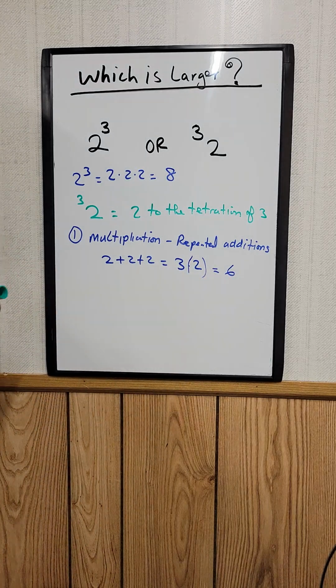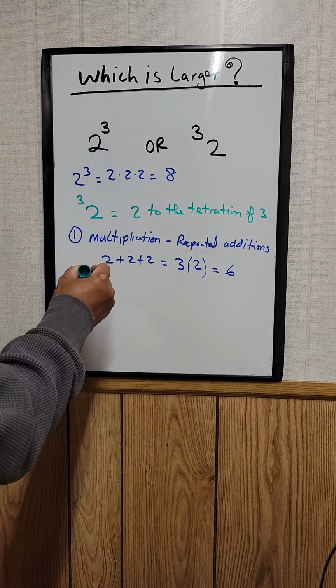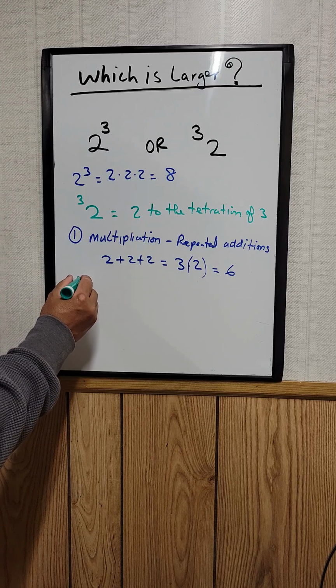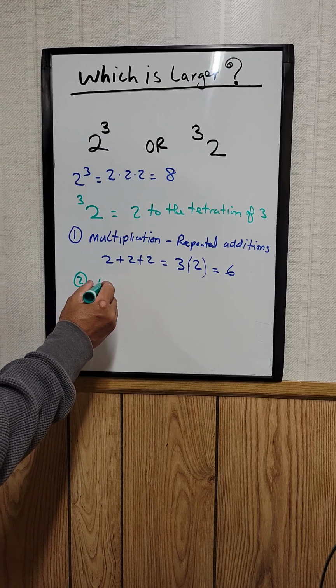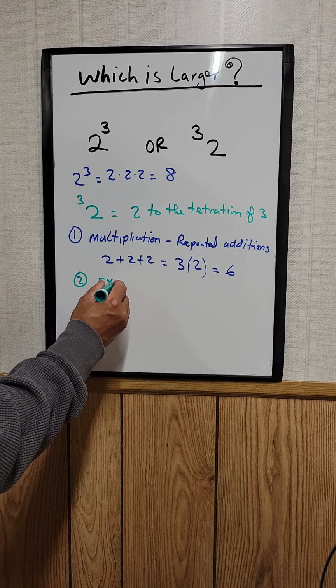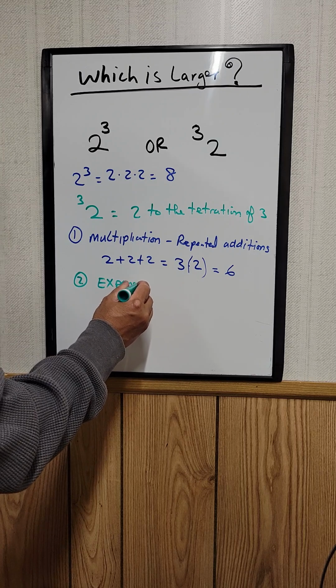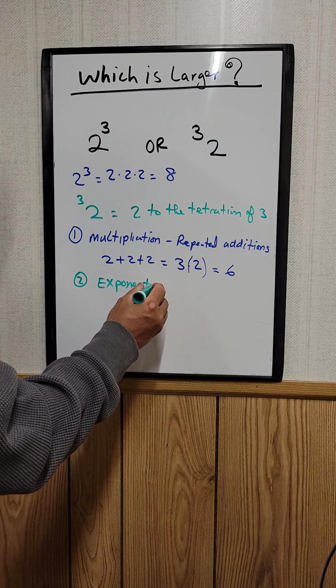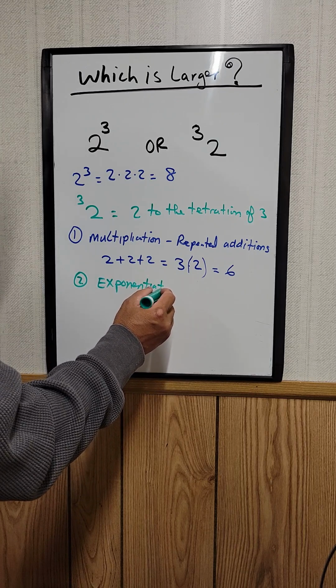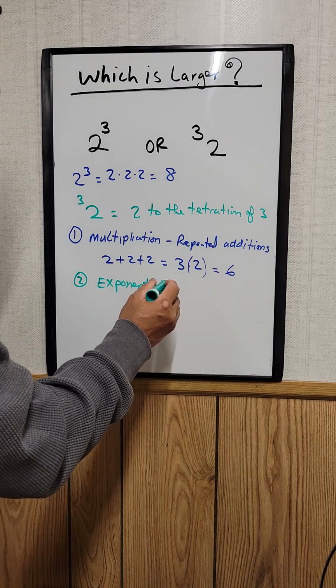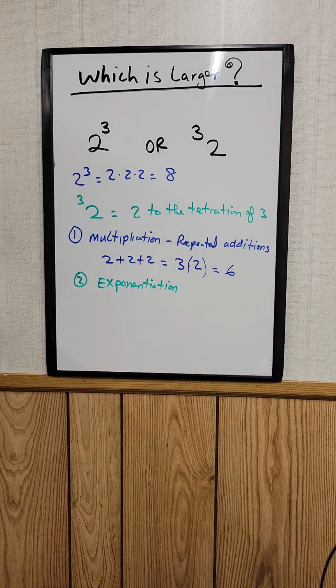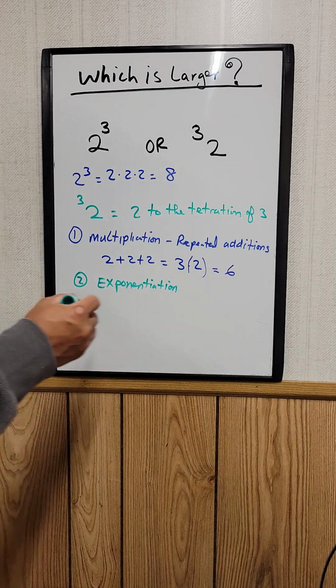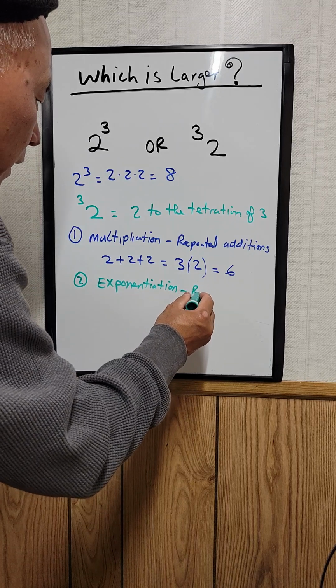Okay, what's the next one? The second one would be exponentiation. What exactly is exponentiation? It's just a repeated multiplication.